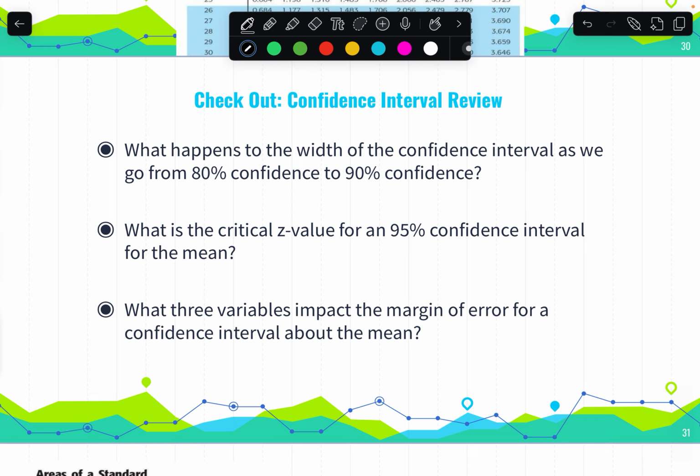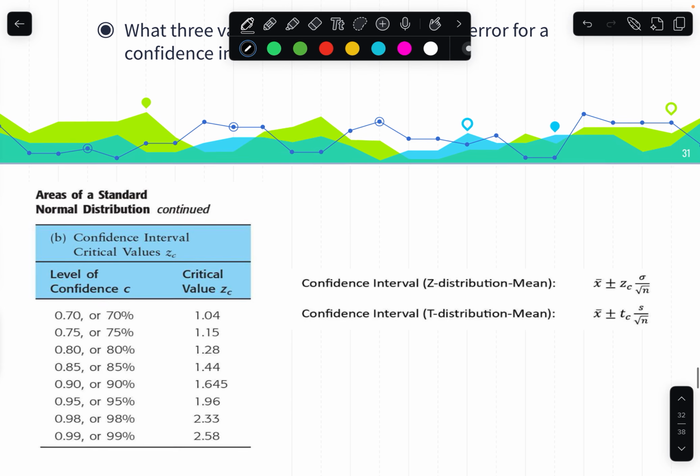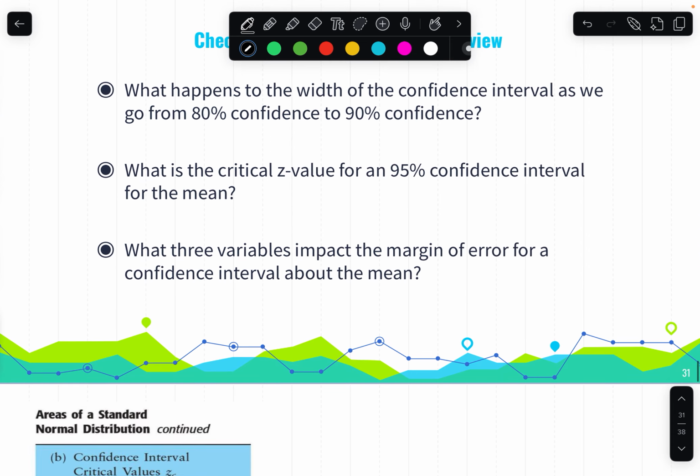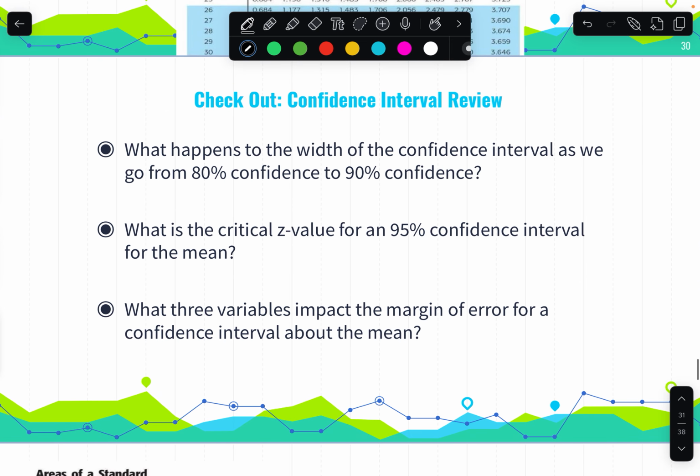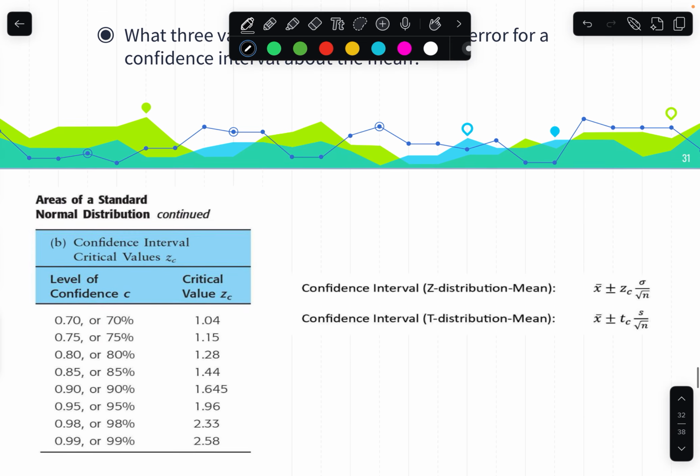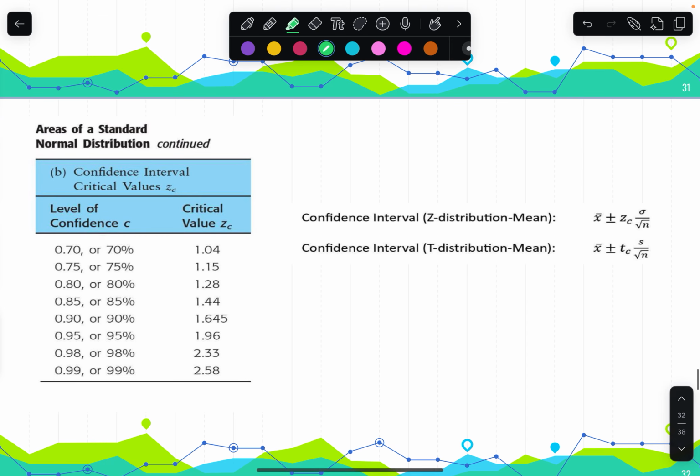Okay, welcome back. What happens to the width of the confidence interval as we go from an 80% confidence to a 90% confidence? Okay, so as we go from an 80% to a 90%, if we look at the chart here, we're increasing our critical value.